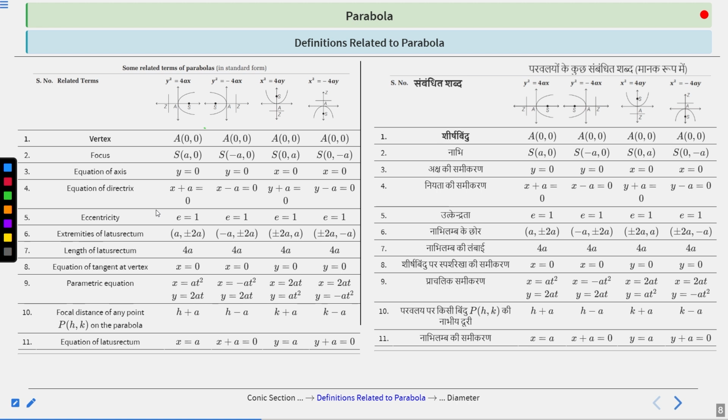Got it? Next, we have a standard parabola which is x square equal to 4ay. You can see the diagram of x square is equal to 4ay.